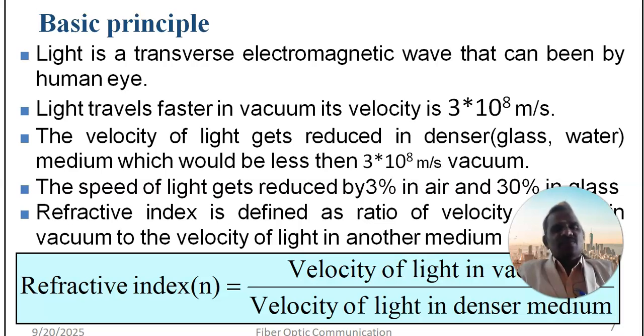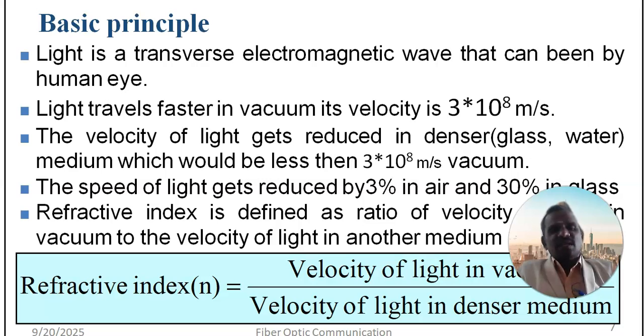Light travels fastest in vacuum with a velocity of 3 into 10 power 8 meters per second. The velocity of light gets reduced in a denser medium. When light is moving in a vacuum, it will be at the speed of 3 into 10 power 8 meters per second, whereas when it moves in a denser medium, the speed gets reduced.